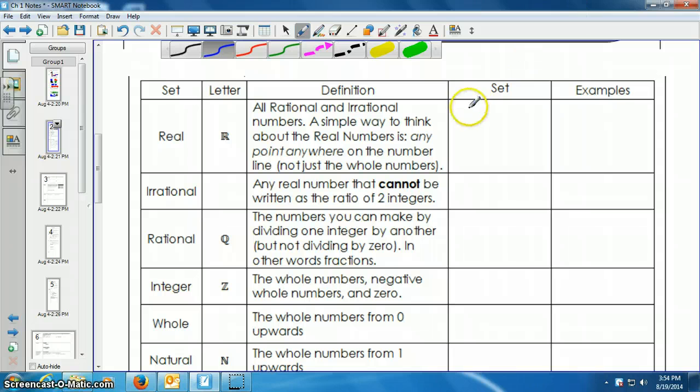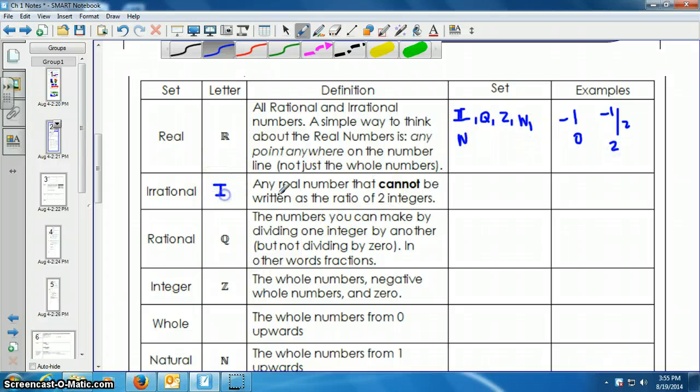I'm just going to use the symbols, and we'll learn that symbol, kind of a double R there, and the Q and the Z and the W and the N. So it's just going to include all of these below. Some examples would be -1, 0, 1/2, 2, the ones we listed above.